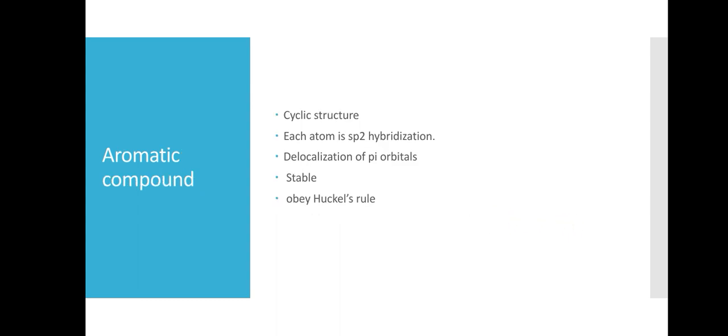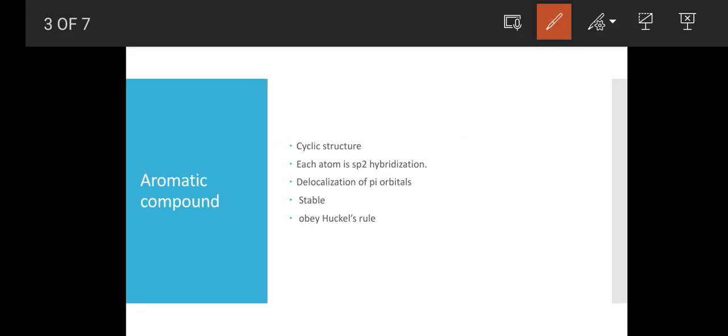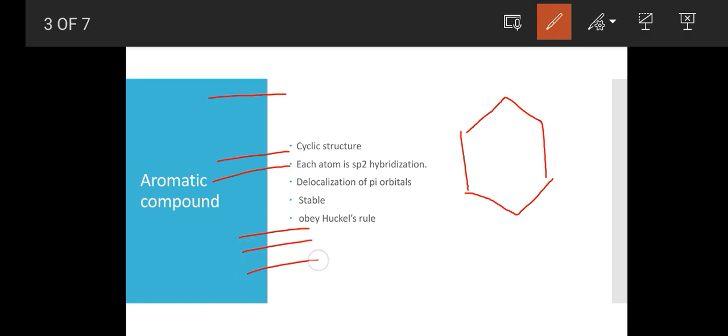In aromatic compounds, the first rule is a cyclic structure. The second thing is that each atom has sp2 hybridization. First, let us know what hybridization is. Here three types of hybridization will be there: the first is sp3 hybridization, the second is sp2 hybridization, and the final is sp hybridization.